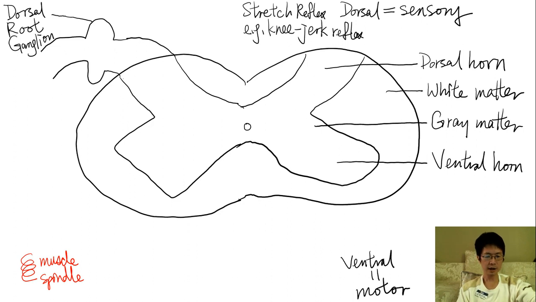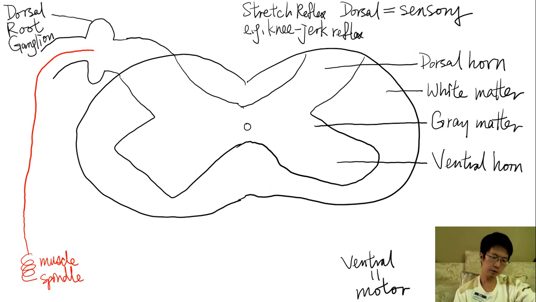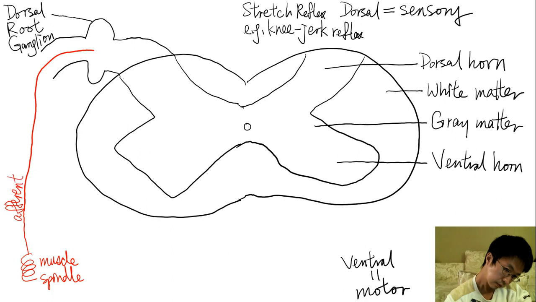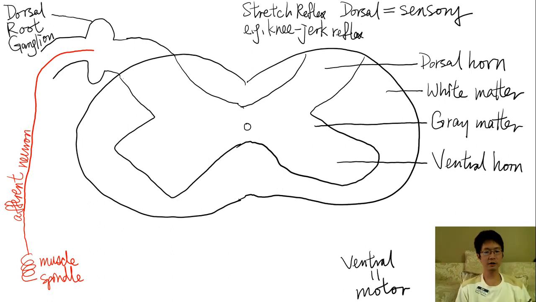This is the afferent neuron. Let me label that. The dorsal root ganglion actually has the cell body of this afferent neuron here.